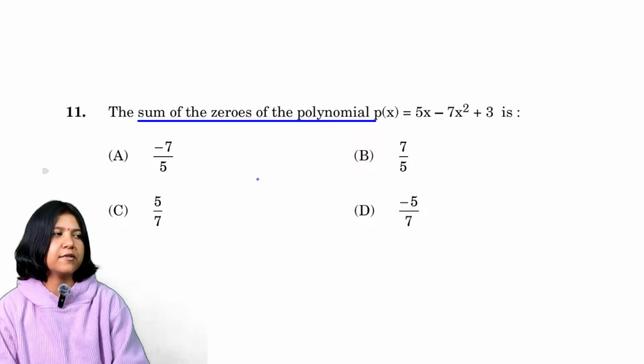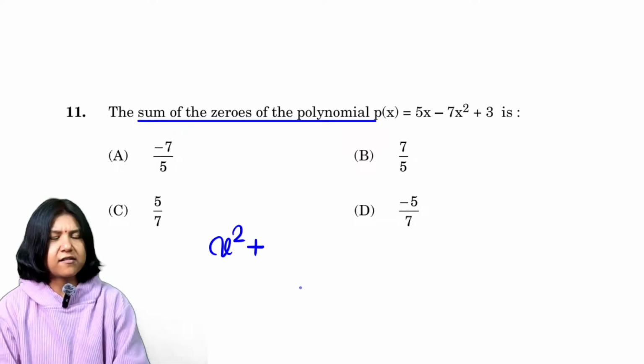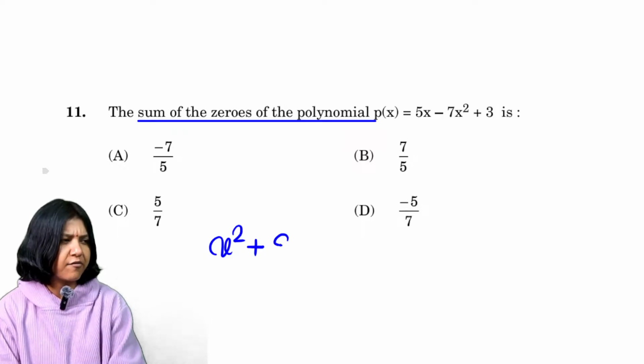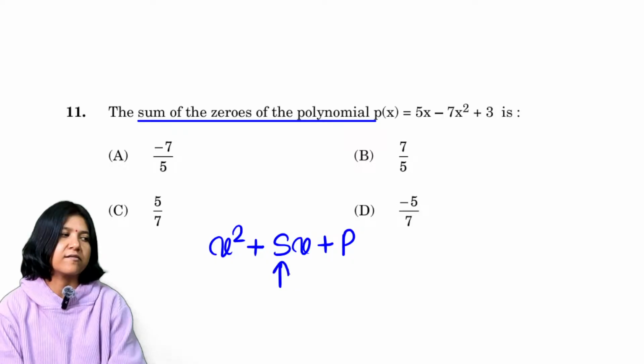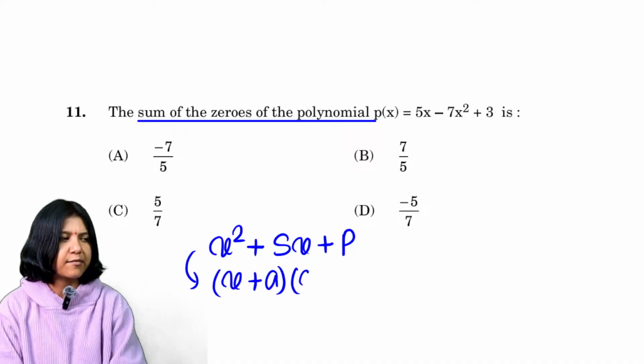For example, sometimes they'll ask you x squared plus s x plus p, something you used to do before in class 8. The sum value is given to you in between and the product is given to you like this. This value you split into two factors such that the factors sum up to give you this value s. When you have it like this, you would get two brackets, isn't it? x plus a and x plus b.